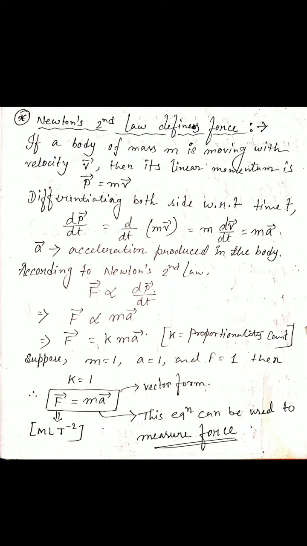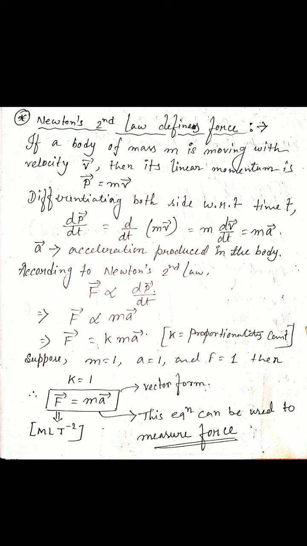This is the vector form, and this equation can be used to measure the force. From the equation F equals m into a, we can determine the applied force on the object and the dimension of the force.